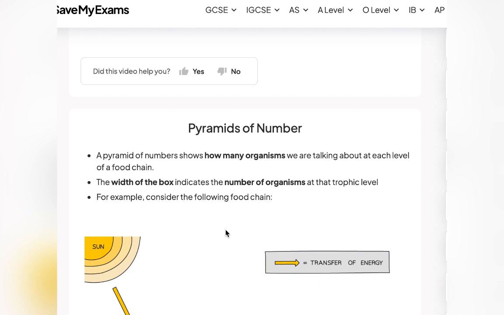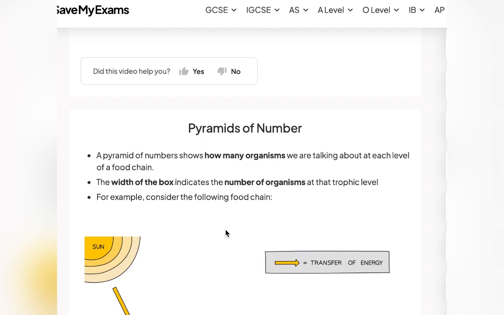Now the width of the box indicates the number of organisms at the trophic level. The width, not the length of the box, shows the number of organisms in that particular trophic level.